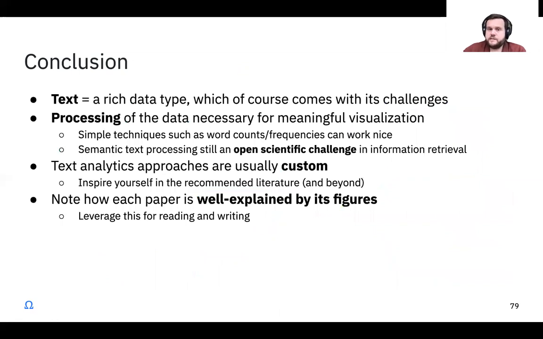Text is a very rich data type, which of course comes with its challenges. We need to process the data for meaningful visualization. We never visualize text raw. What is good is that simple techniques such as word counts and frequencies work very nicely. The semantic text processing is still an open scientific challenge in information retrieval. It's a complete research community, so there are lots of opportunities in that regard.